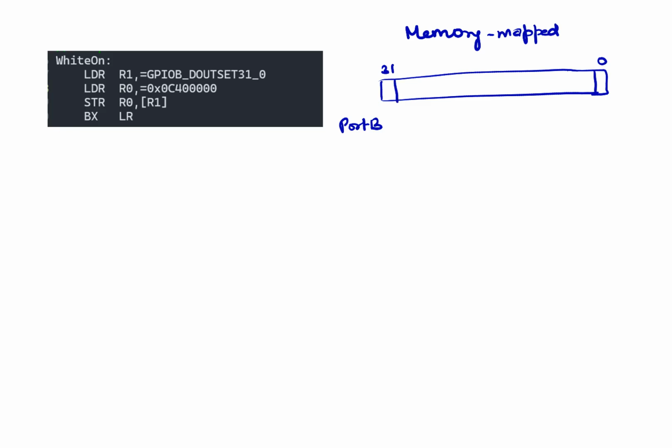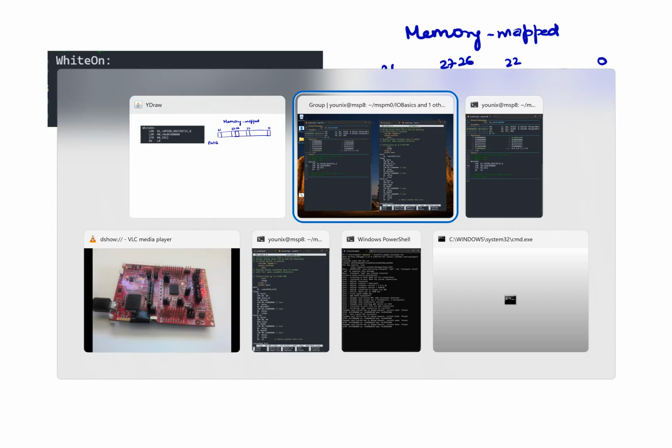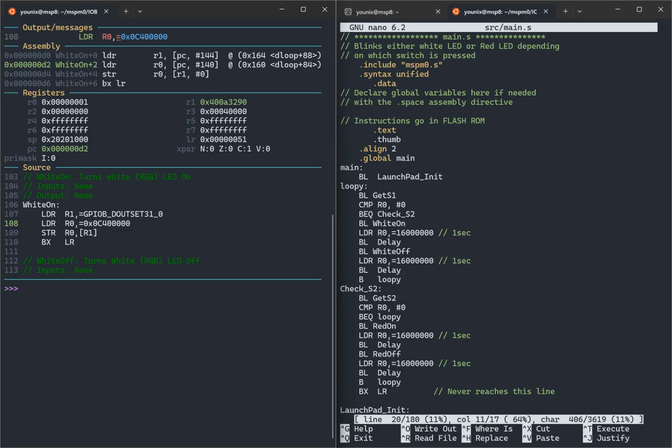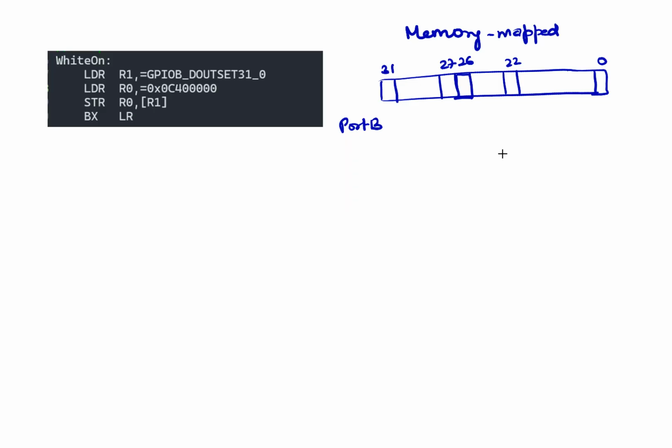Now, each of these pins corresponds to something. It turns out that pin 26, pin 27, and pin 22 correspond to, as the code says, let's see where the code is. As the code that we saw earlier says, our LEDs are on PB26, 27, and 22.